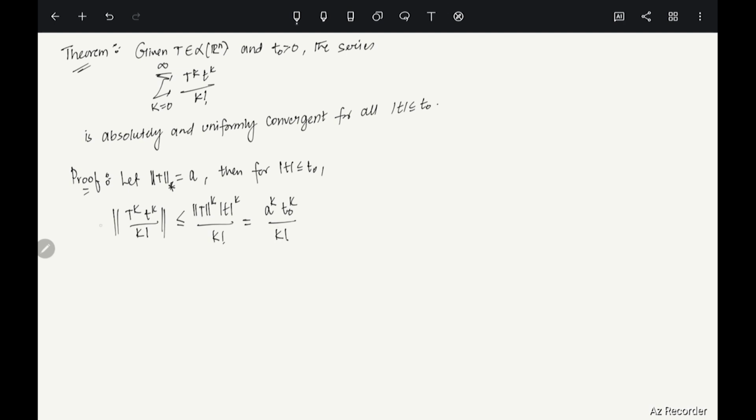Now what is this? You see, if you take the sum, sum k equals 0 to infinity a power k t naught power k by k factorial is nothing but e power a t naught, right? So we can use the Weierstrass M test.